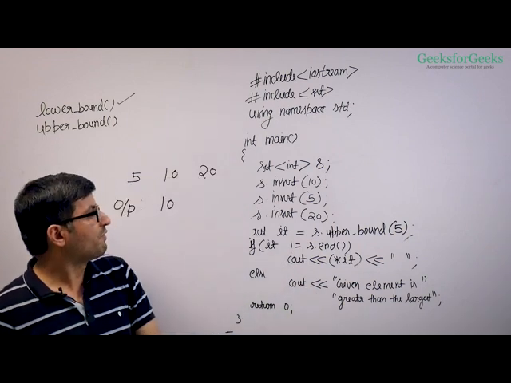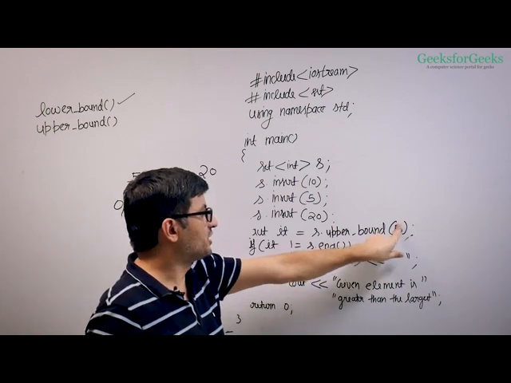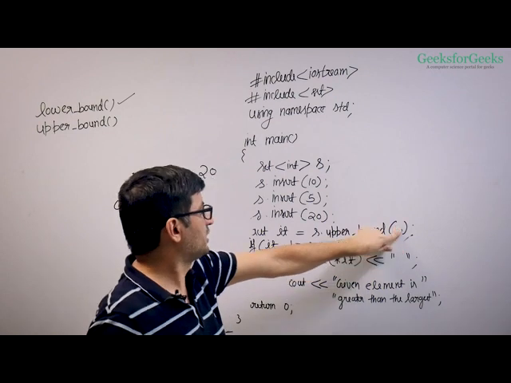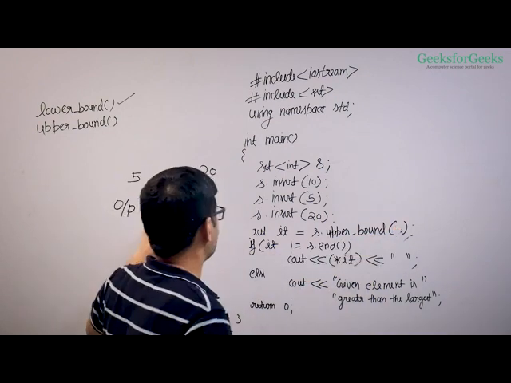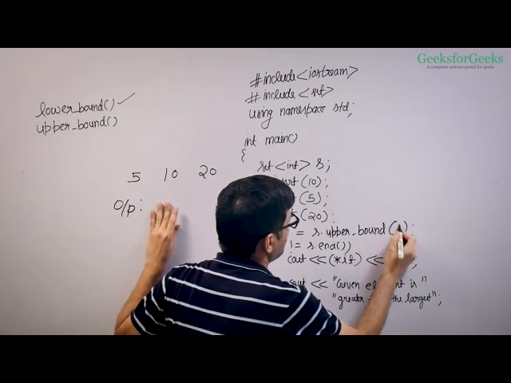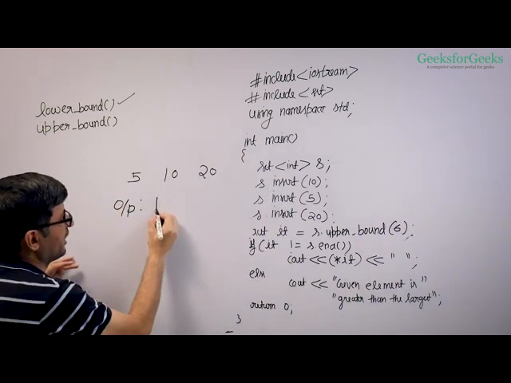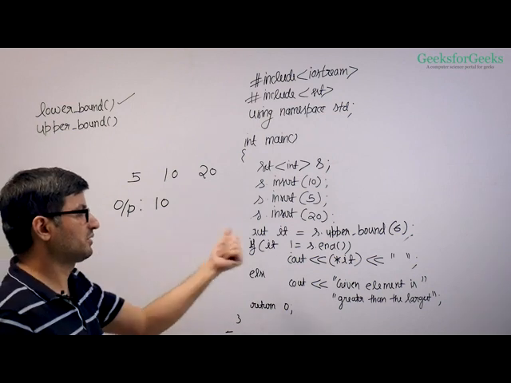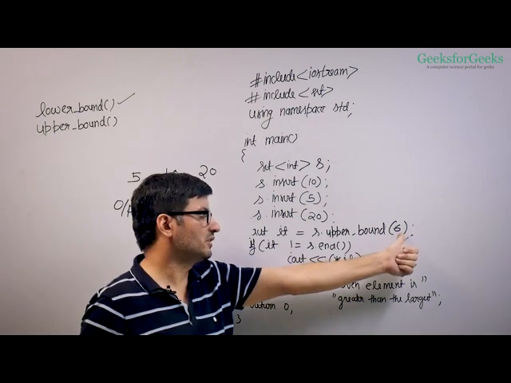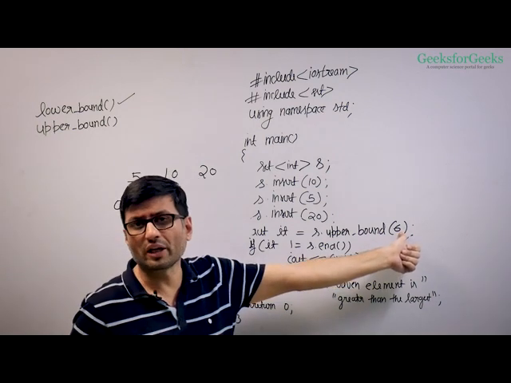Now if we change this to say 6, then what will happen? Then it will print 10 again, right? Because the next greater element than 6 is 10, the lowest greater element.